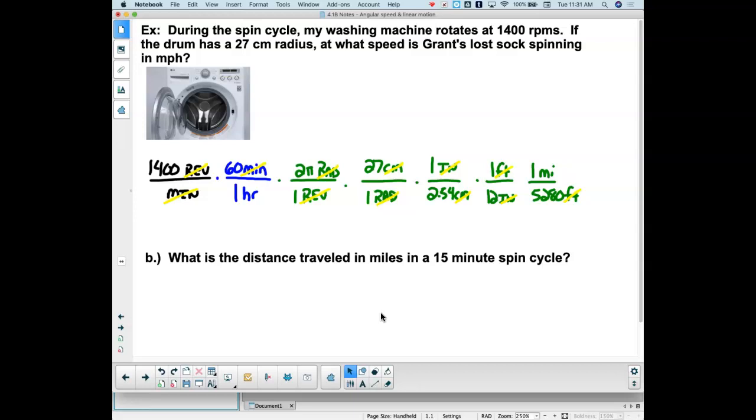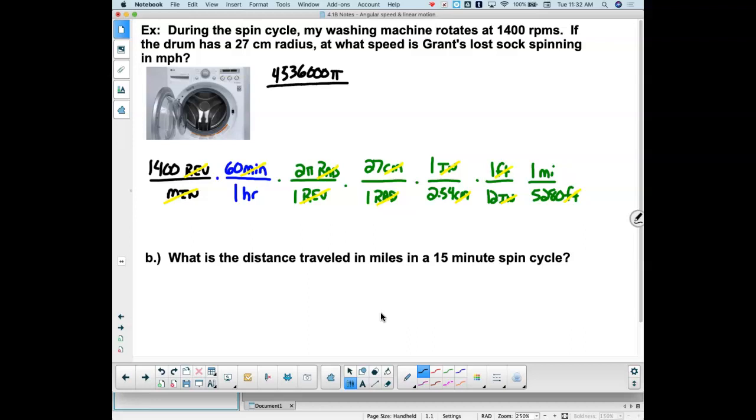Alright, so then that gives me, what do we all got here now? So on top, 1400 times 60 times 2 pi times 27 gets me 4,536,000 pi.